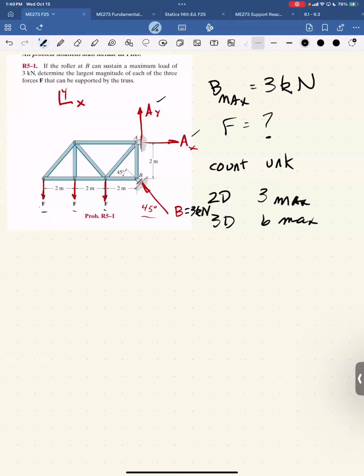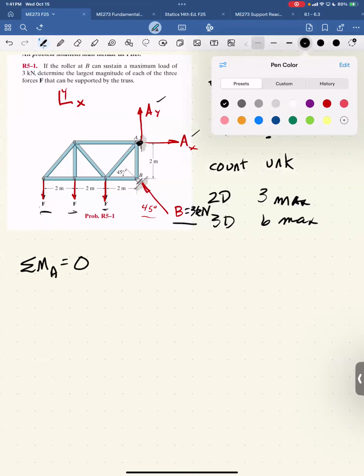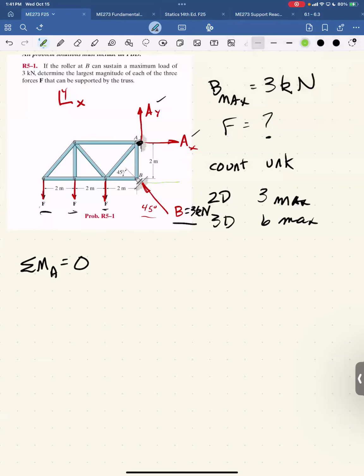Regardless of your thought process, you should immediately go to point A and say, I'm going to sum moments about A, because I know B and I know the moments due to those 3 forces, so I can solve directly for F. There's only one equation needed in this problem. So summation of moments about A is 0. Again, you need to break up this guy into his 2 components.